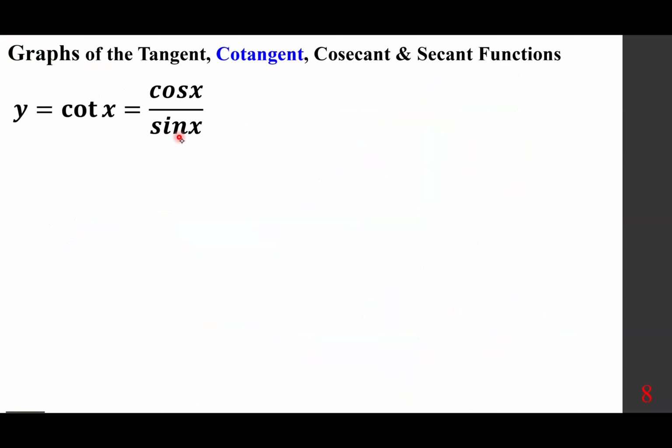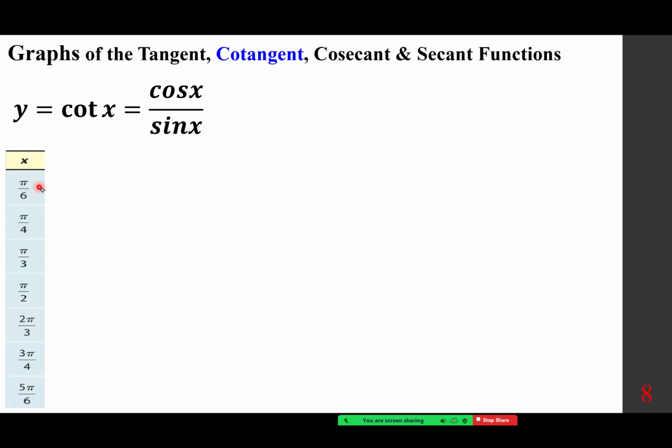So if you pick up a few points, remember for cotangent, even for the inverse, we went from 0 to pi. The reason a complete cycle goes from 0 to pi is because it's a continuous function, there is no break. Otherwise, there will be a break.